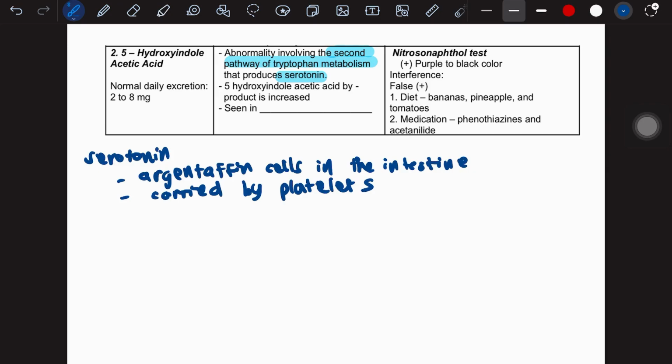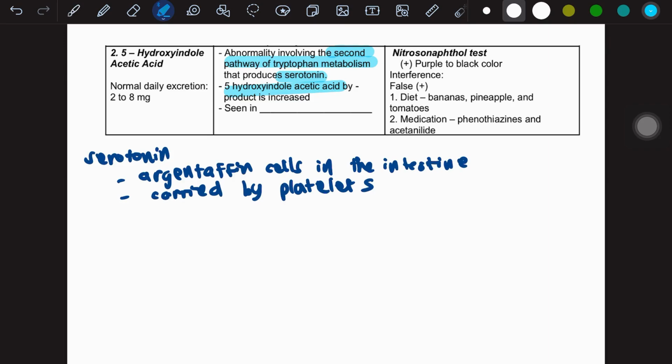So normally, our serotonin is used by the body and only a small amount of its degradation product, that is your 5-hydroxyindole acetic acid, is excreted in the urine.